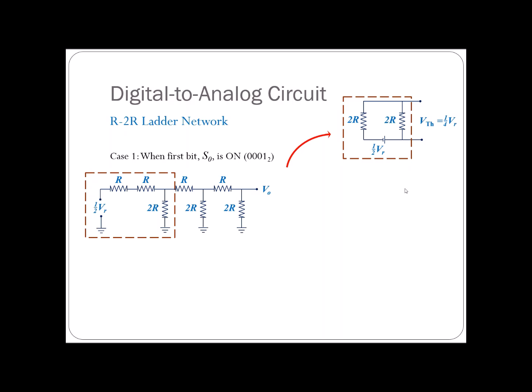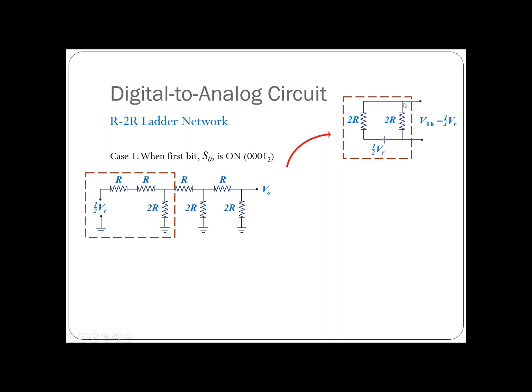The Thevenin voltage of this is the same as before. We have a voltage divider circuit. We have a voltage source of half VR, and two resistors of 2R connected in series to this voltage source.